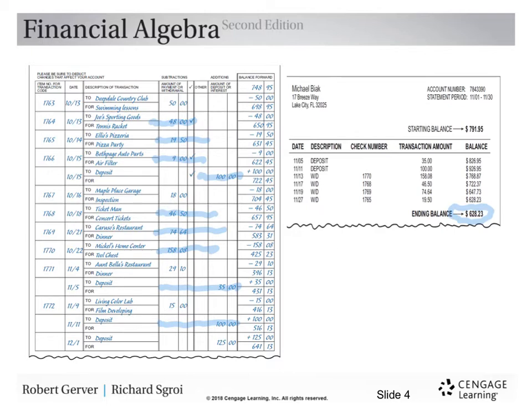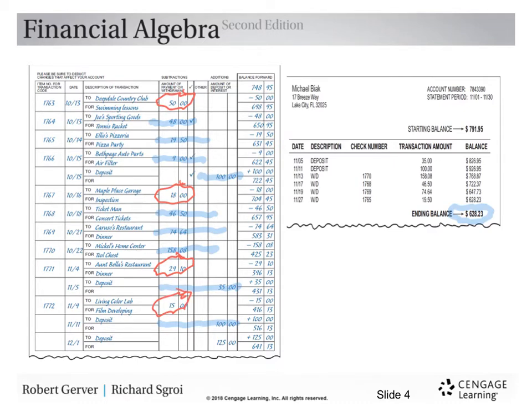So let's look at the withdrawals of the outstanding checks. All right, I've got $50 here, I've got $18 there, I've got $29.10 there, and I've got $15 here.